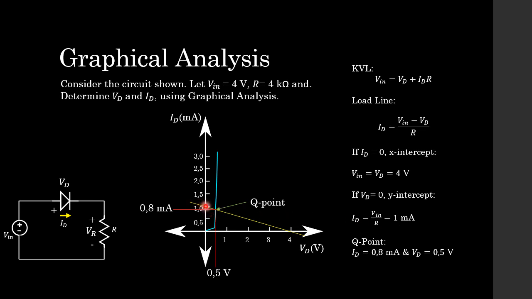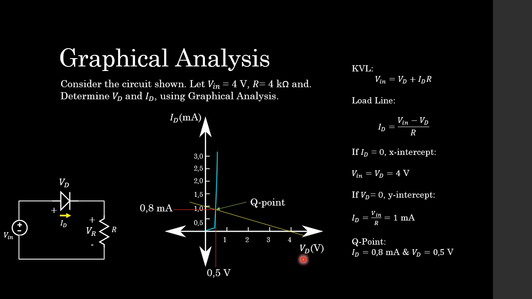We then plot from 1 milliamp to 4 volts, and we see where our load line intersects with our diode characteristic curve. And that point, students, is known as the Q point. And at the Q point is where we get our answer. So from the Q point, we then go down to our x-axis, and we get 0.5 volts for our diode voltage. That was very close to the iteration example, and 0.8 milliamps, which is also very close to our iteration example.